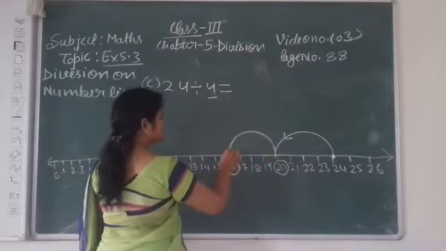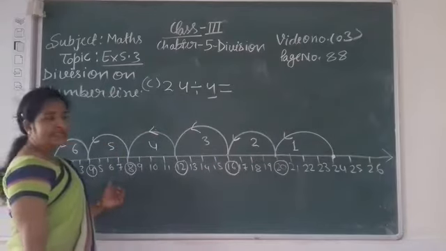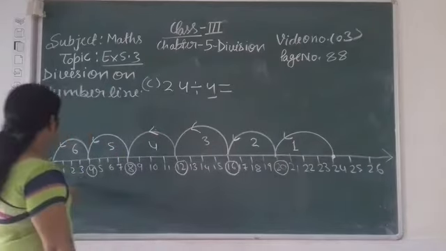Now, in how many jumps did you reach 0? This is 1, 2, 3, 4, 5, 6. In 6 jumps you reached 0.